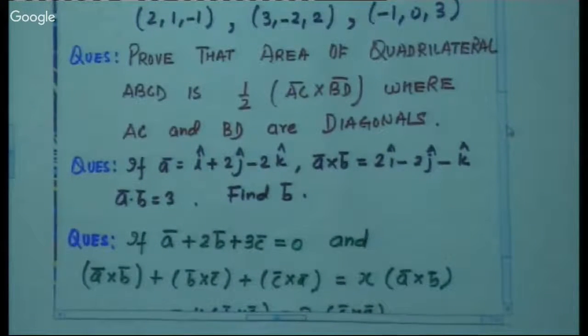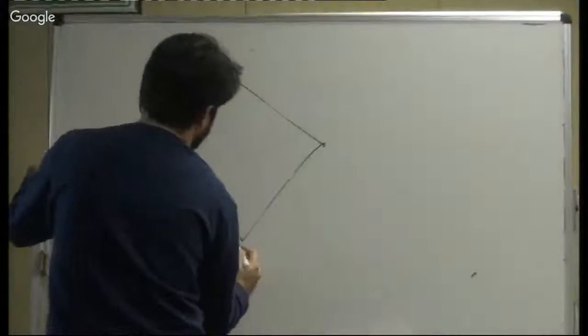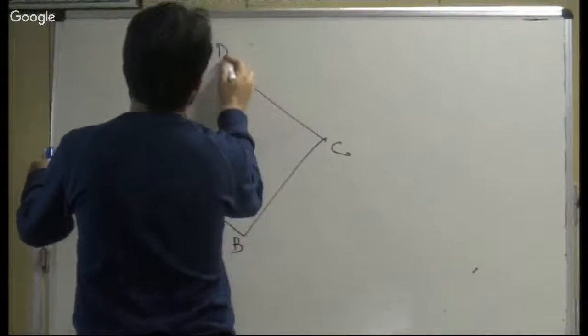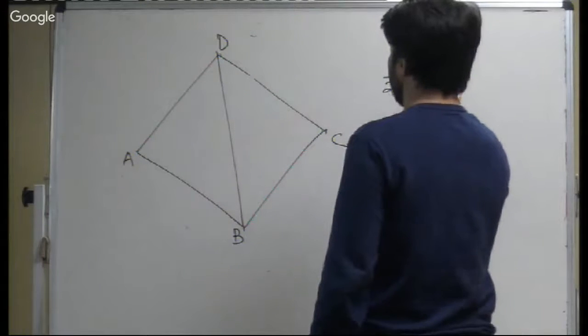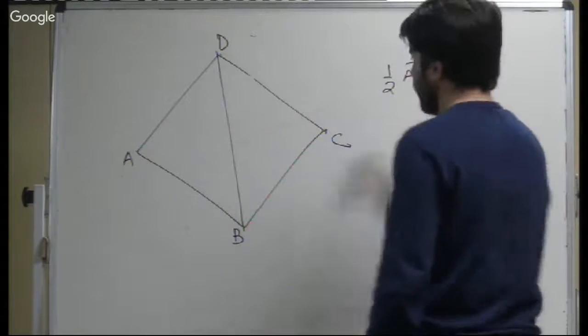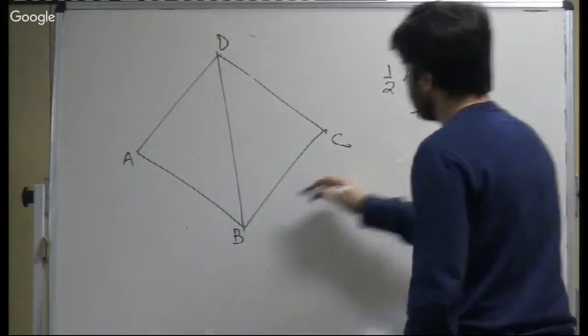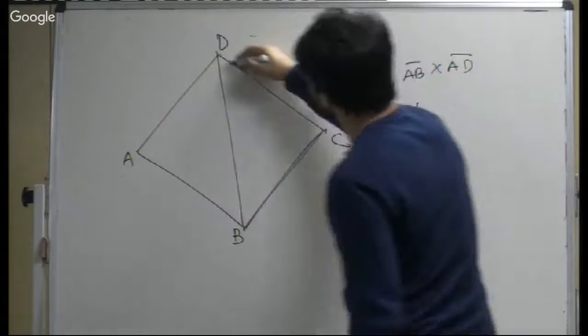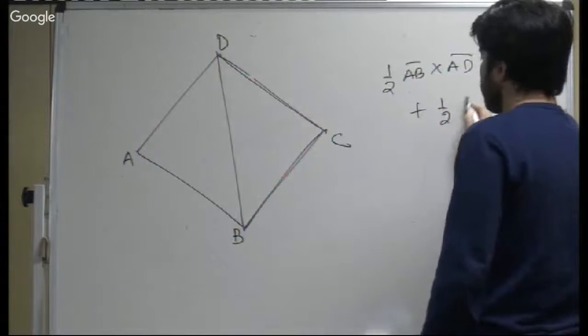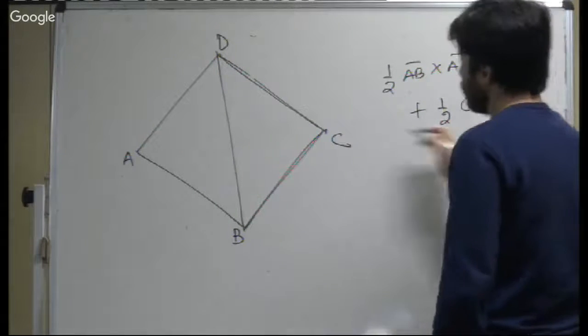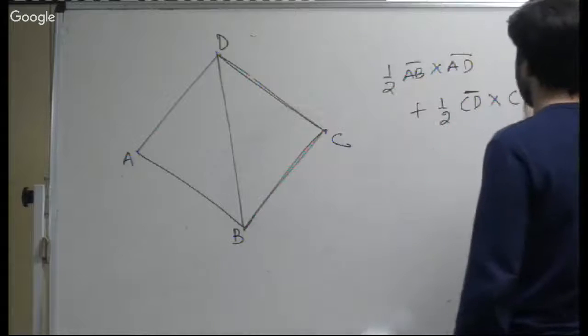If I see this, A, B, C, and D, I'm going to split this. So I can say half AB cross AD, right? Plus, I'm going to split this way, half CD cross CB.